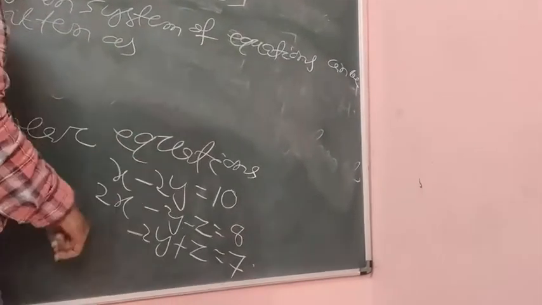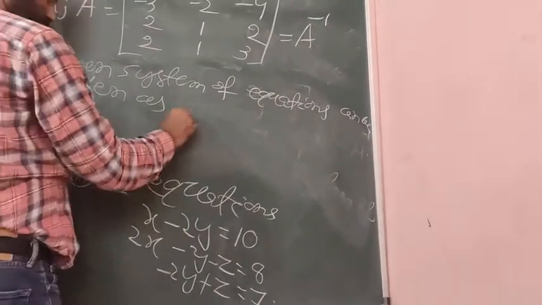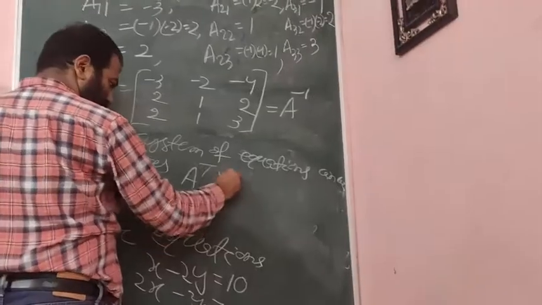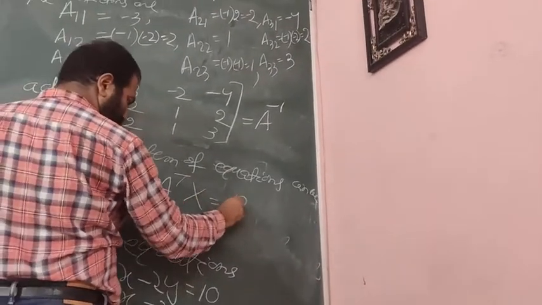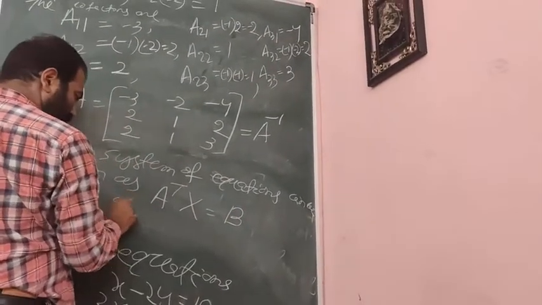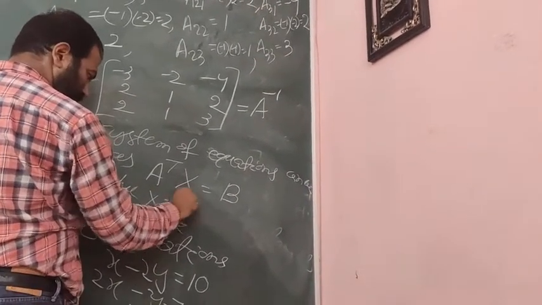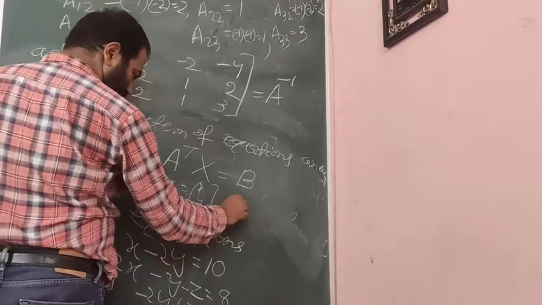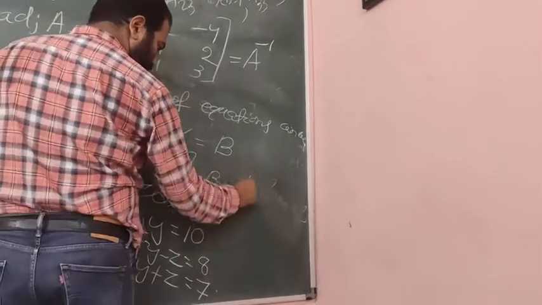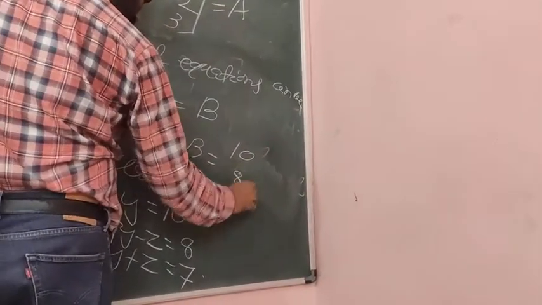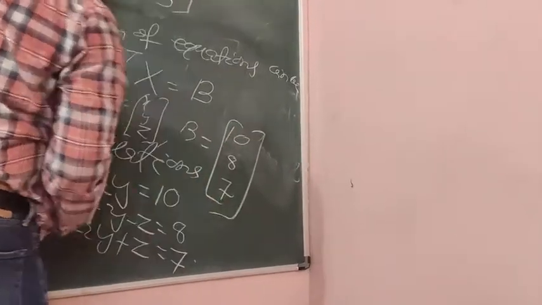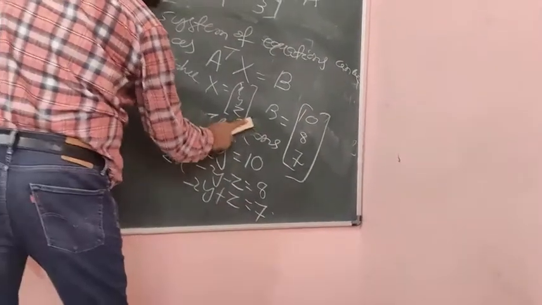Here actually it is A transpose, it was. Previously I have told you. A transpose into capital X equals V. So here capital X equals X, Y, Z, and V equals what? Here 10, 8, 7. Okay? So these are the things.